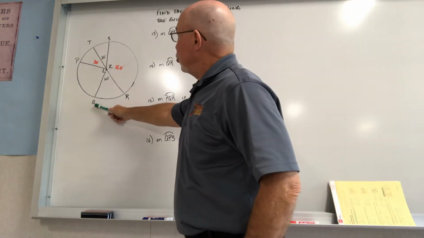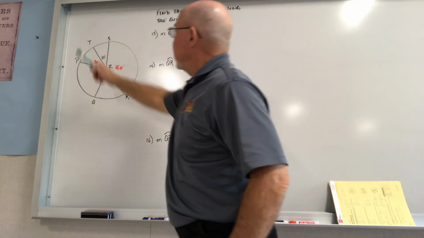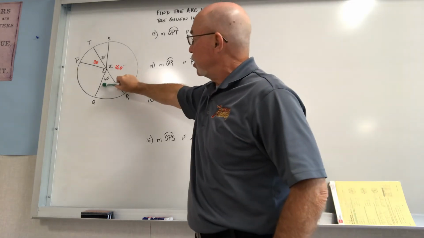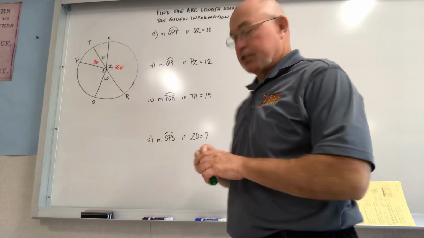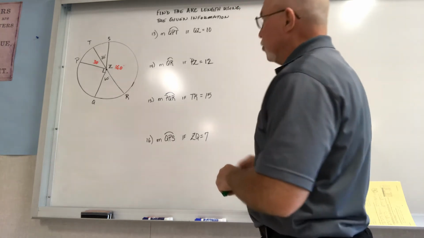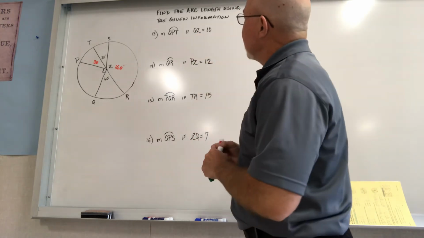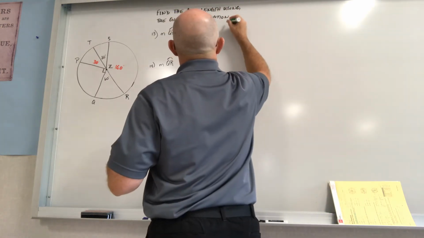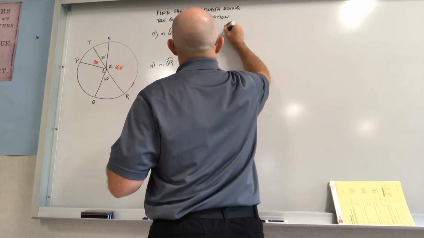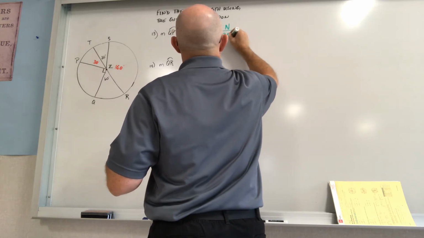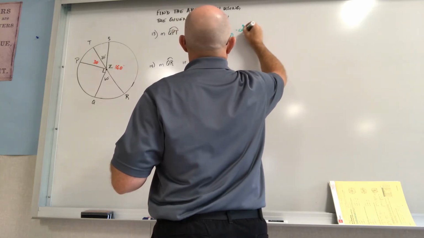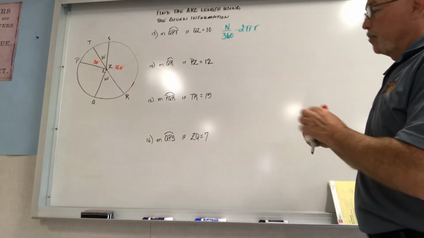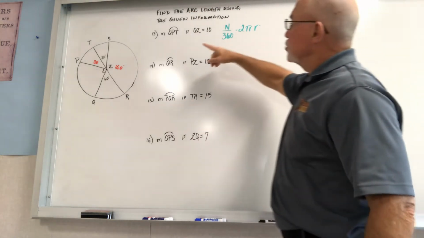Find Q, P, T. If QZ, what's QZ? QZ is a radius. The degree measure, I'll use this. First things first, what's my n?